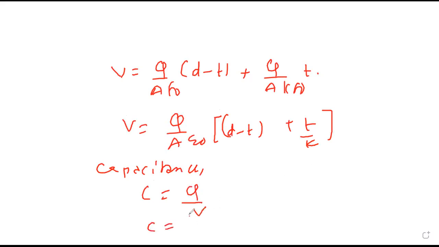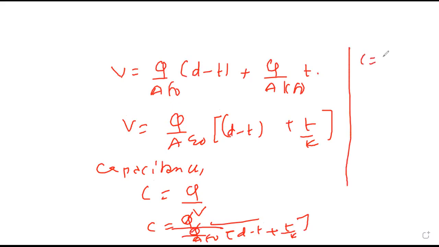So C equals Q upon Q by A epsilon naught in bracket d minus T plus T by K. Q will get cancelled. So C will become A epsilon naught upon d minus T plus T by K. So whenever there is some dielectric of thickness T, then capacitance will not be A K epsilon 0 by d. It will become A epsilon naught upon d minus T plus T by K, right?